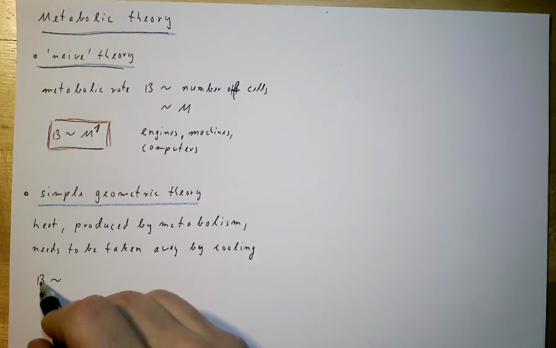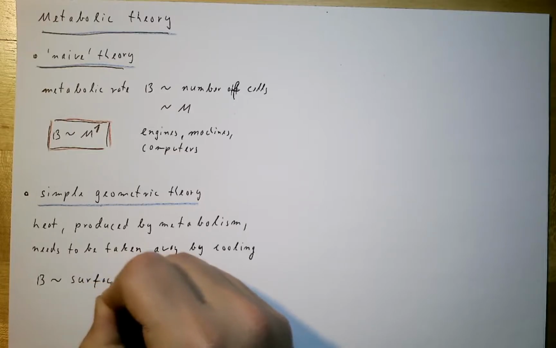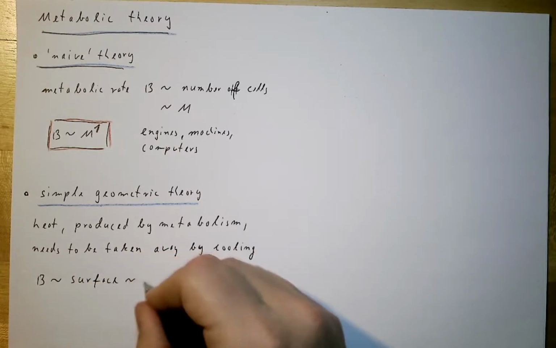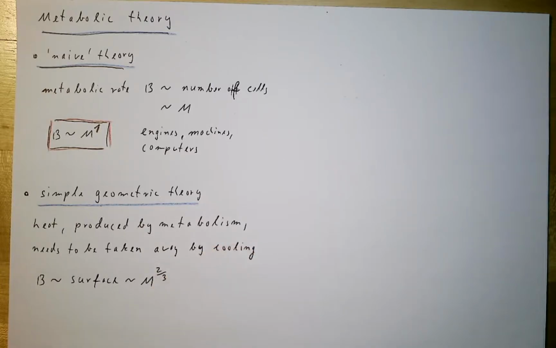So the metabolic rate then should scale with the surface, and this scales with body mass to power 2/3.